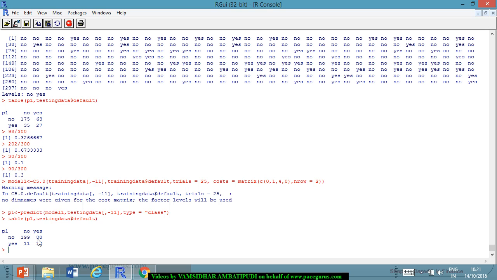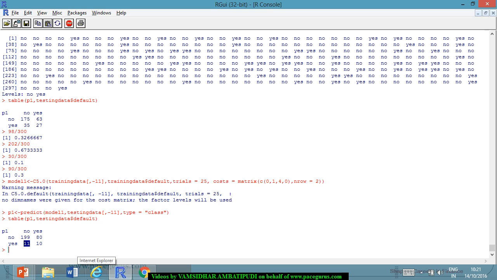Okay, no and yes. This number has to come down drastically, and it has come down to this one. So the overall error rate of the model now is 91, whereas this value has come down drastically from 35 to 11.